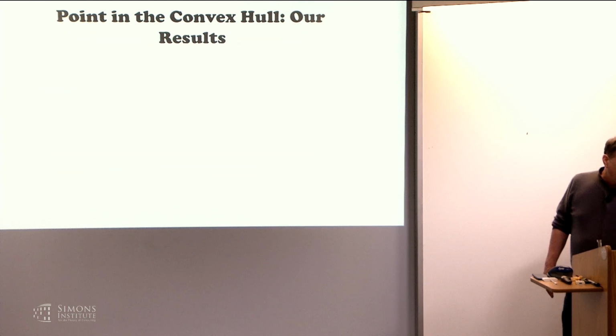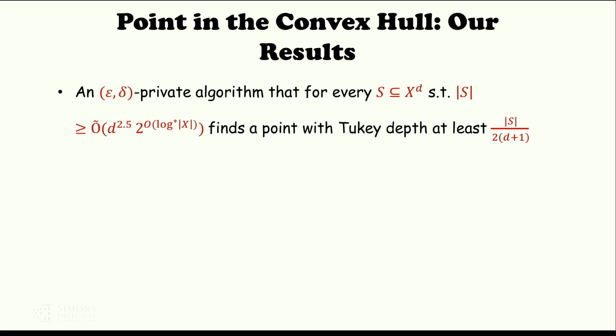So what are our results? We show an epsilon-delta private algorithm for every set S, where the size of S is big enough, that finds a point whose Tukey depth is at least S divided by 2D plus 1. If we didn't have this factor D, it would be a center point, so this is an approximate center point.